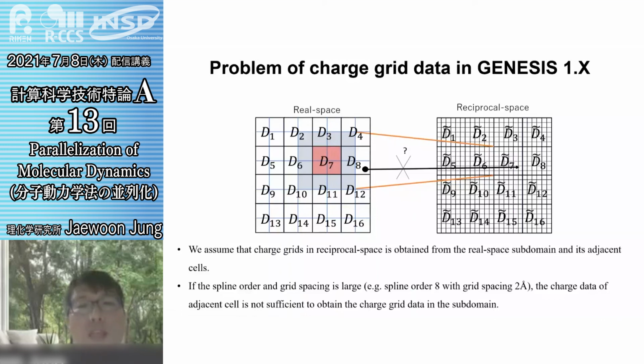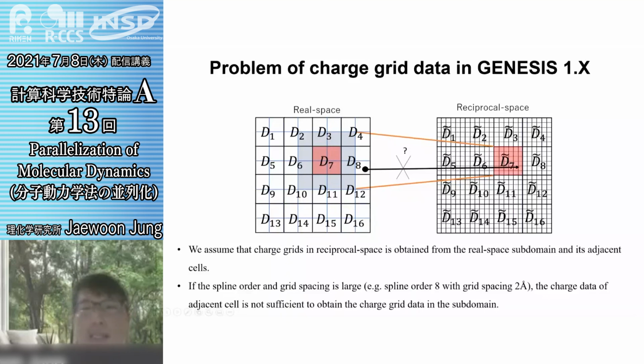But we found that using such a small number of FFT grid points is not available in our scheme, because to obtain the grid data of this one is not sufficient. We need a much larger real space region.